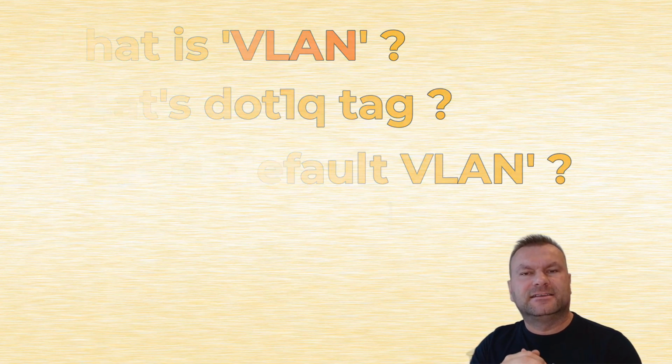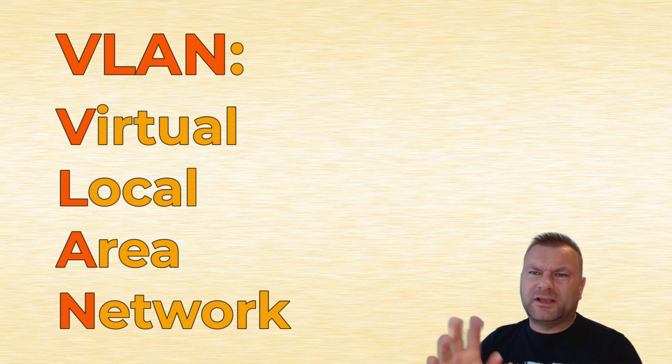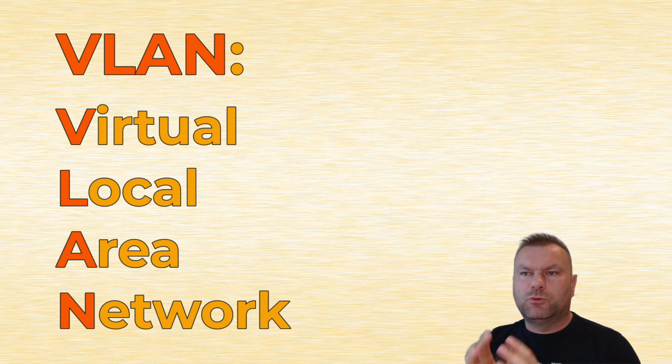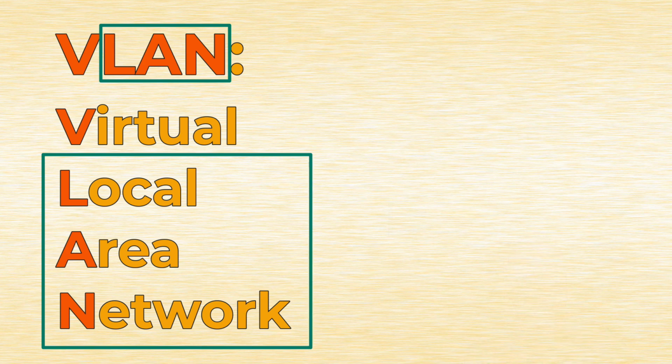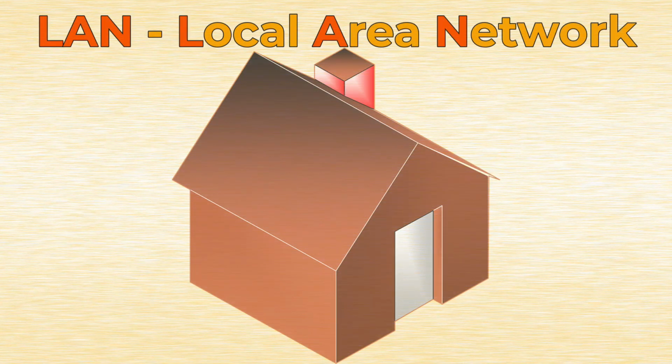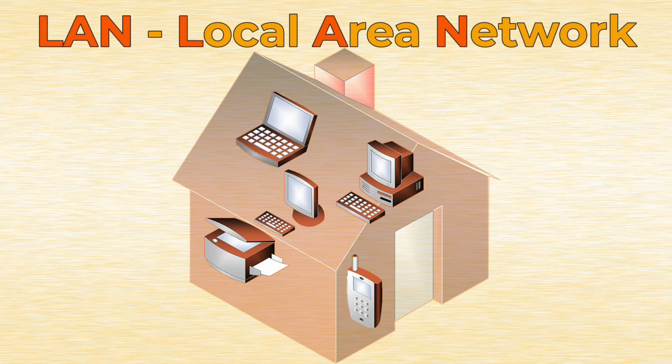So VLAN stands for Virtual Local Area Network. And for now, we can skip maybe that word virtual. We will focus on the second part, which is Local Area Network. What is that Local Area Network exactly? A local area network is something we already have in our homes. It's a collection of our devices that are connected to our router, either wired or wirelessly.